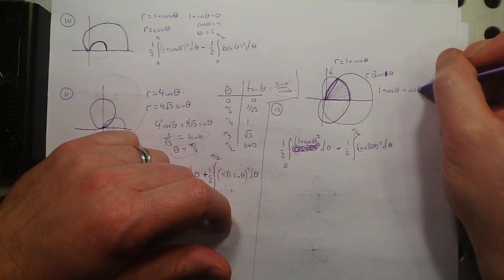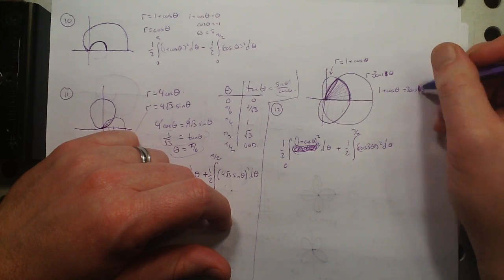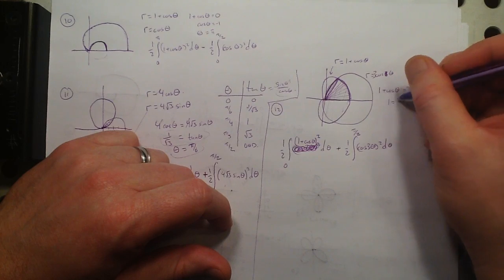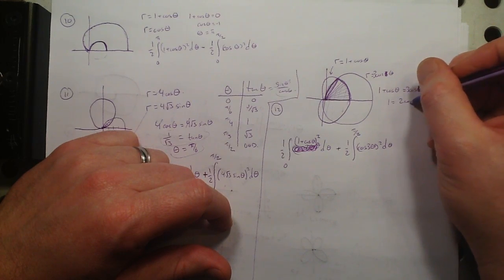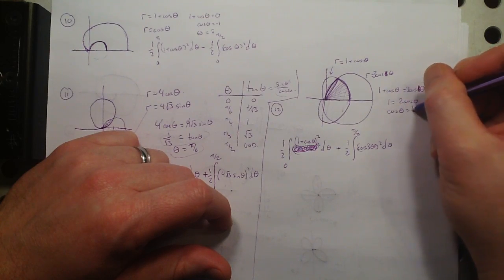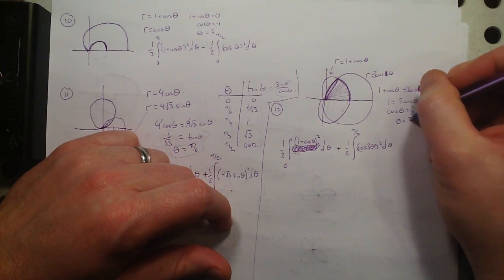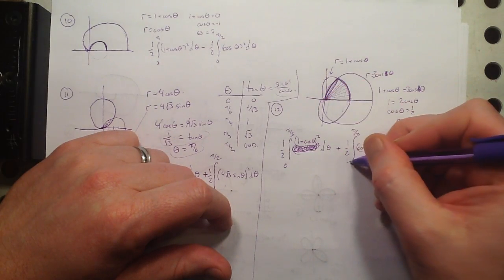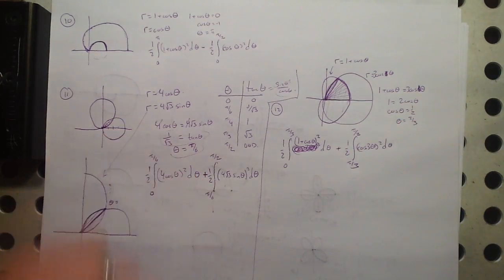Geez, you were really screaming at the computer, weren't you? So let's see, 3 cosine theta minus a cosine theta is 2 cosine theta. So we're looking for the angle where cosine theta equals 1/2, and sure enough, that's at pi over 3. So there you go. Sorry about the scribblies.